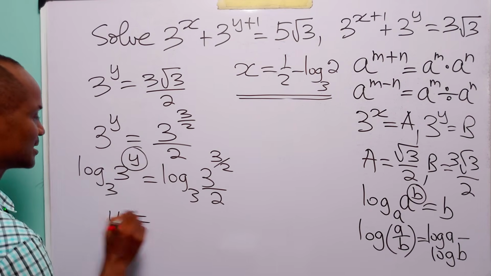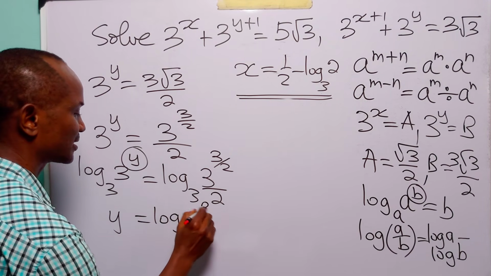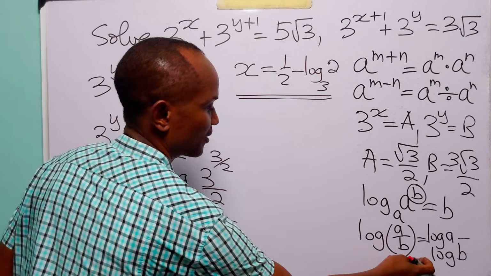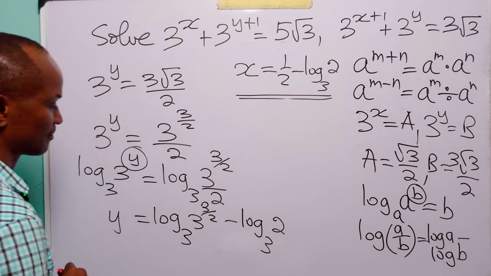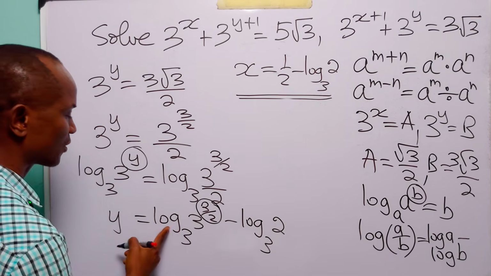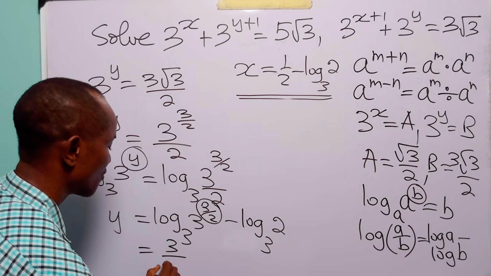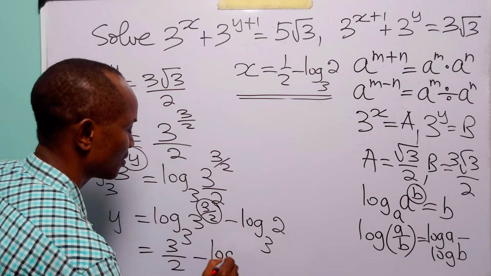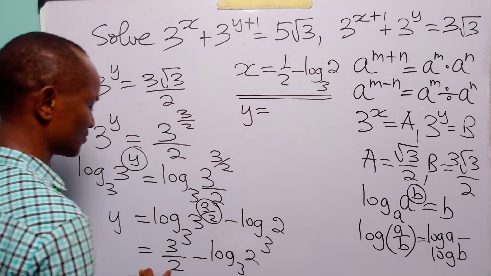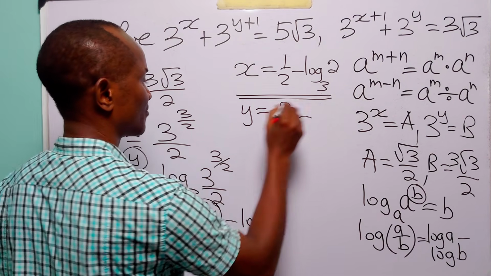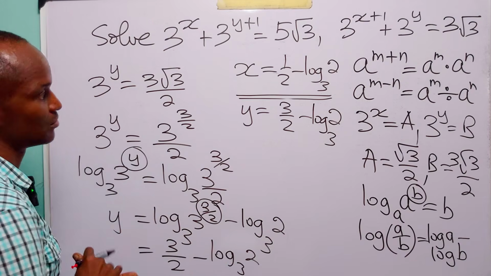So we have that y is equal to log to base 3 of 3 to the power 3 over 2 minus, according to this rule, log to base 3 of 2. Once more, log to base 3 of 3 to the power 3 over 2 is simply equal to 3 over 2 minus log to base 3 of 2. So we have that y is equal to 3 over 2 minus log to base 3 of 2.